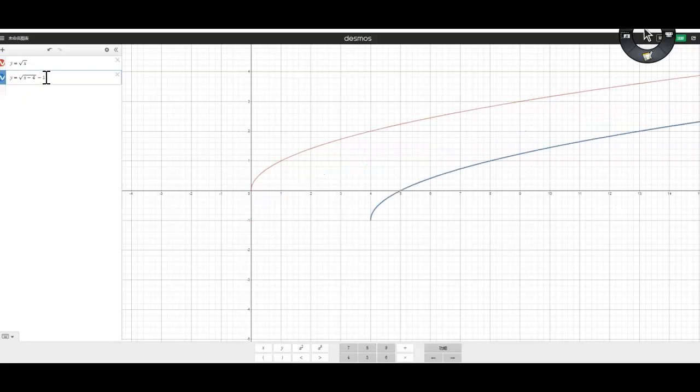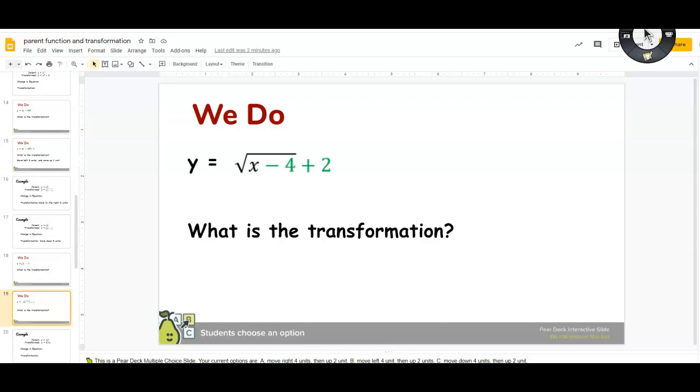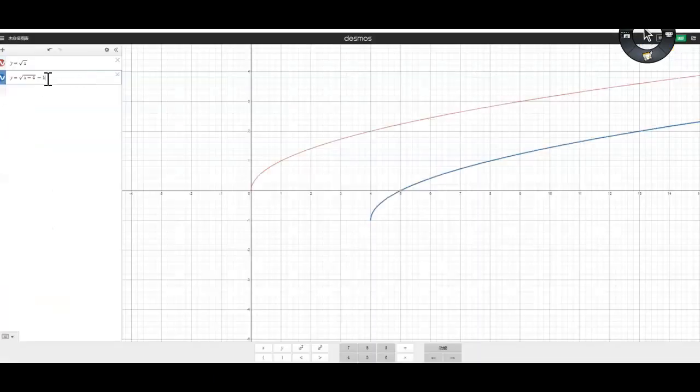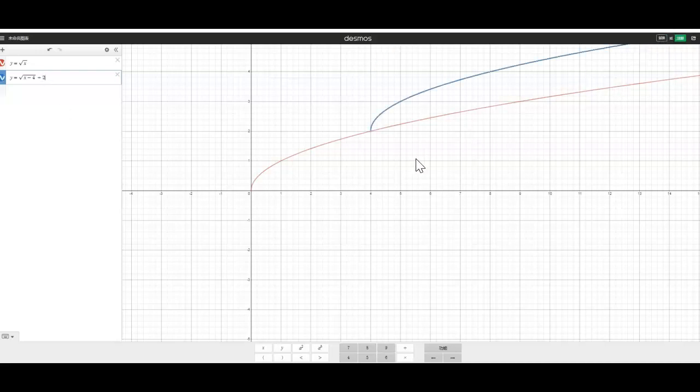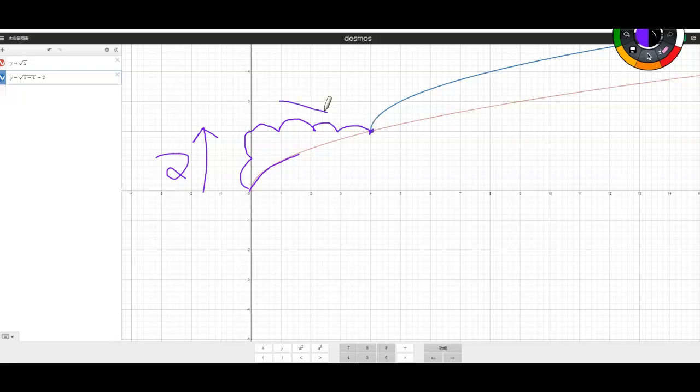Baby one is minus 2 inside, minus 4 inside, and plus 2 outside. So you see what? You see from this parent function, you need to go up 2 units, and then go to the right 4 units to reach your baby picture.